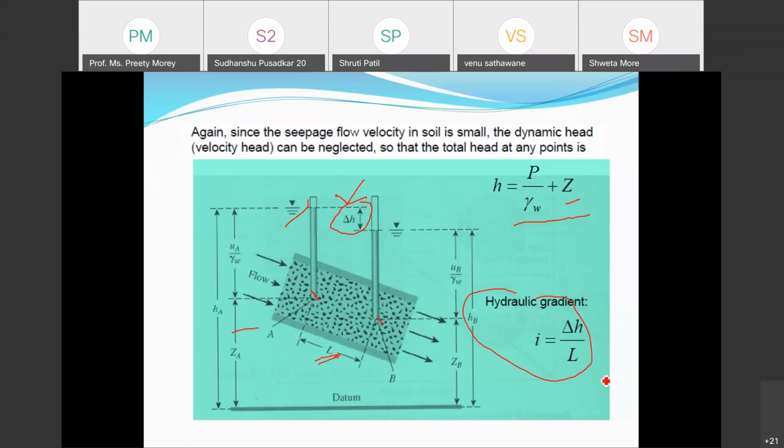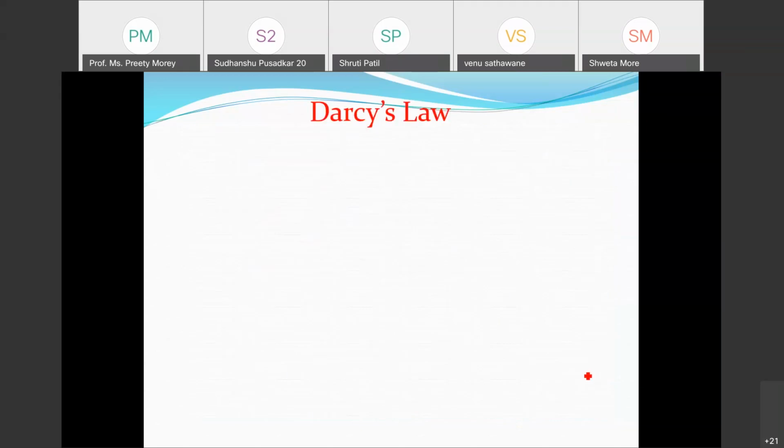This will be used to find the discharge Q. Now, this head and gradient are helpful for understanding Darcy's law.